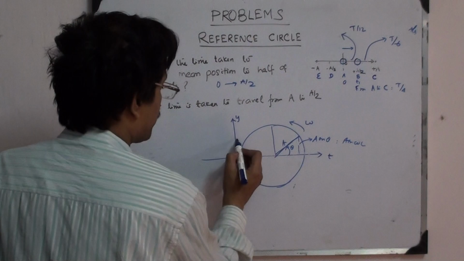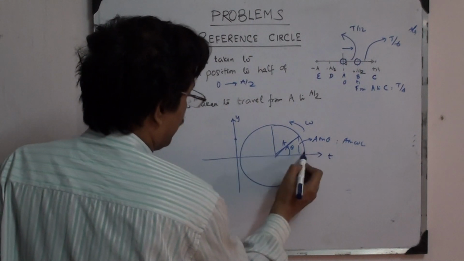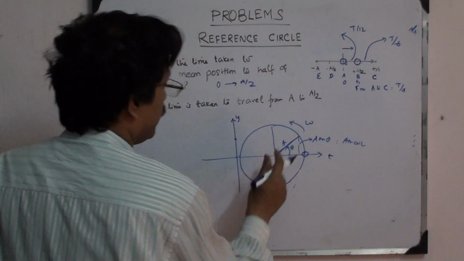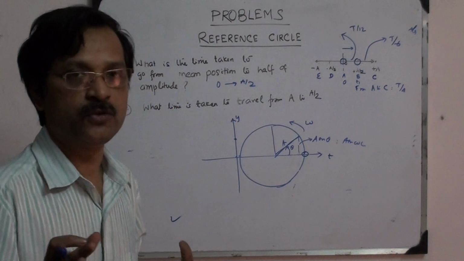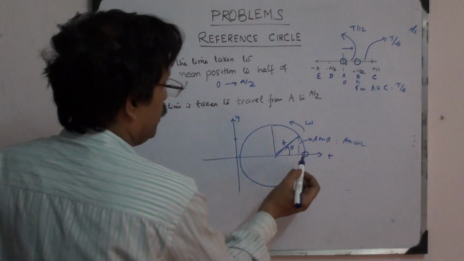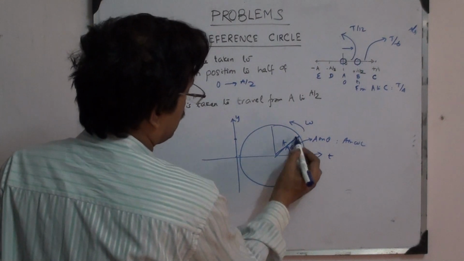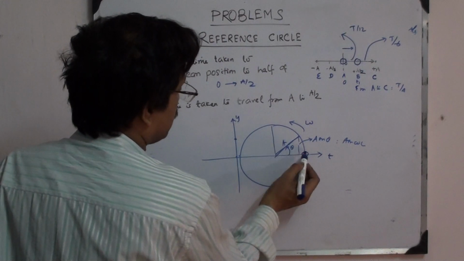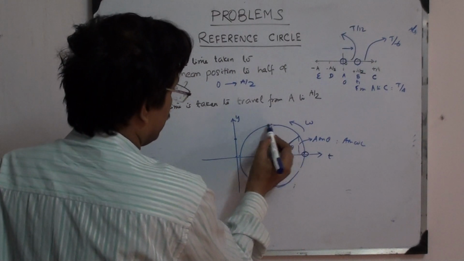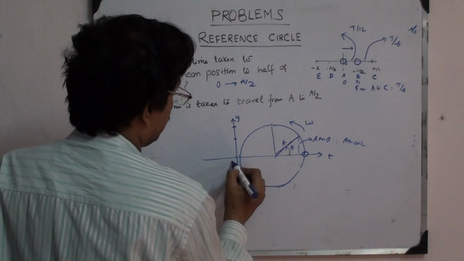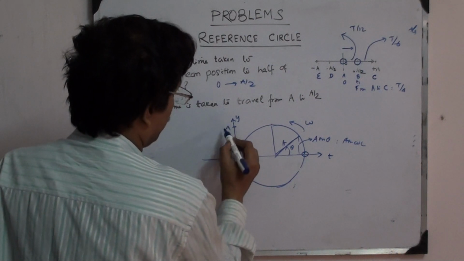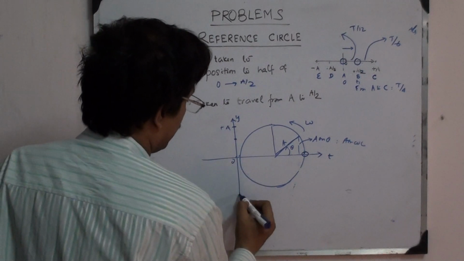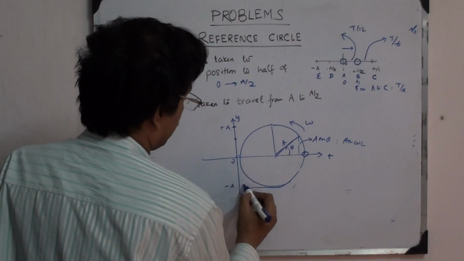So the projection at this point, when it started, was 0. At t equal to 0, in the A sine omega t formula, displacement is 0. As it goes up, this angle theta keeps increasing, and the shadow goes from 0 to plus A. Then in the return journey it is back to 0, and here it is minus A.